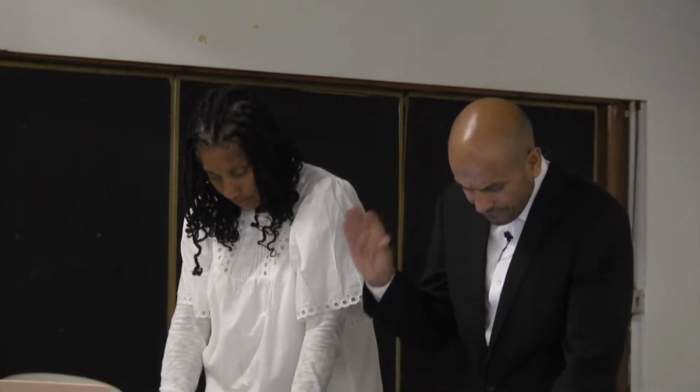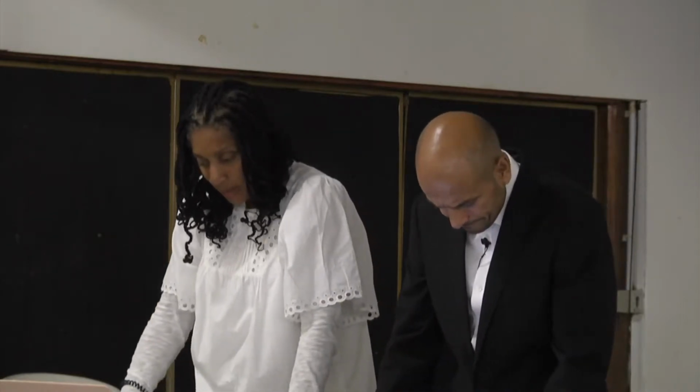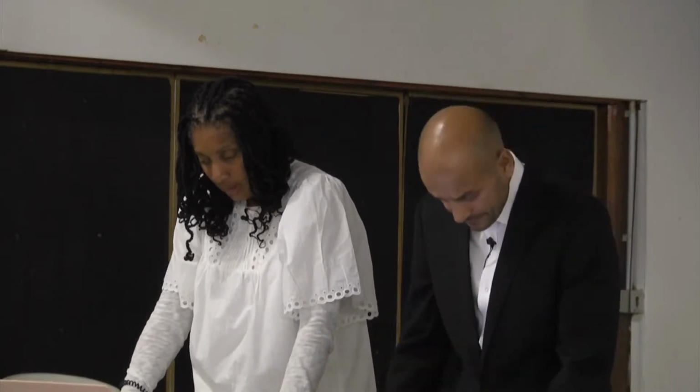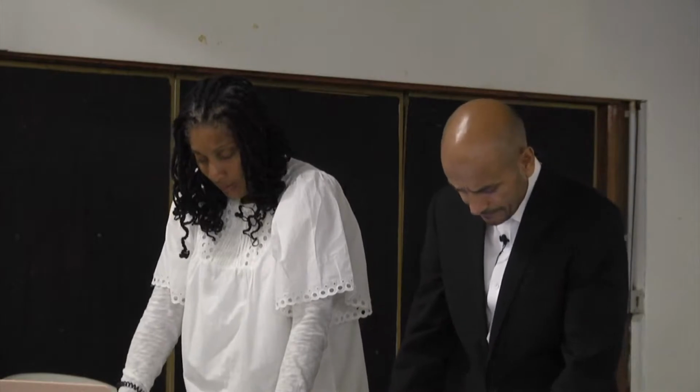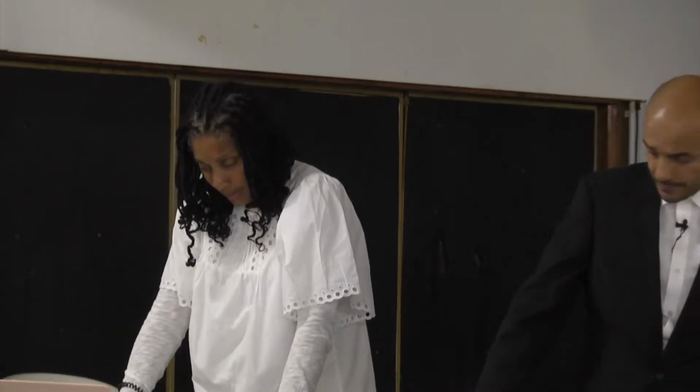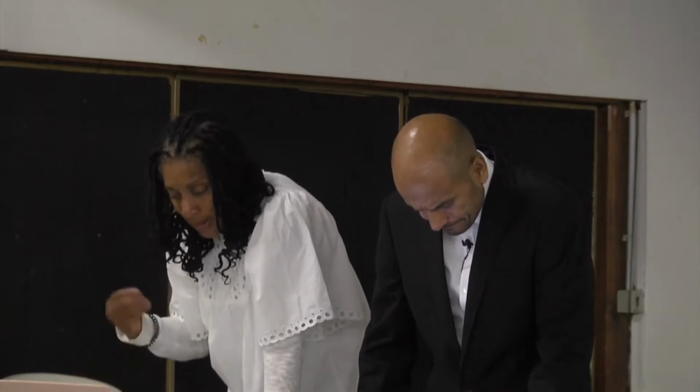Christ is speaking to the Pharisees and the scribes, and he says that they are hypocrites. And the reason they're hypocrites is because they build the tombs or the sepulchres of all the dead prophets.